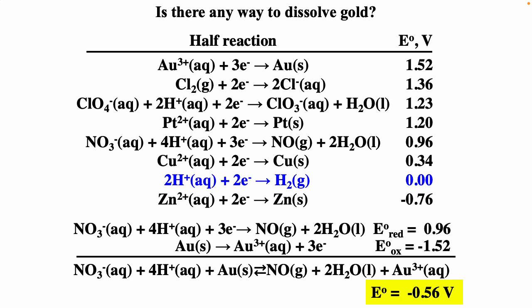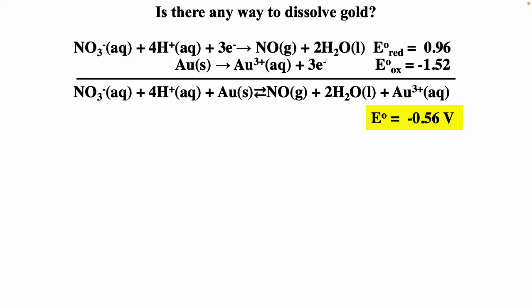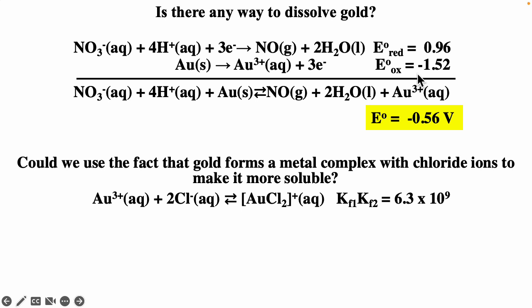Now what we could do is, if we react gold with some nitric acid, we can get a little bit of the gold into solution, and then we can add some chloride ions. The chloride ions will form a complex. If we're able to consume some of these gold ions, then this reaction will keep on going to the right.